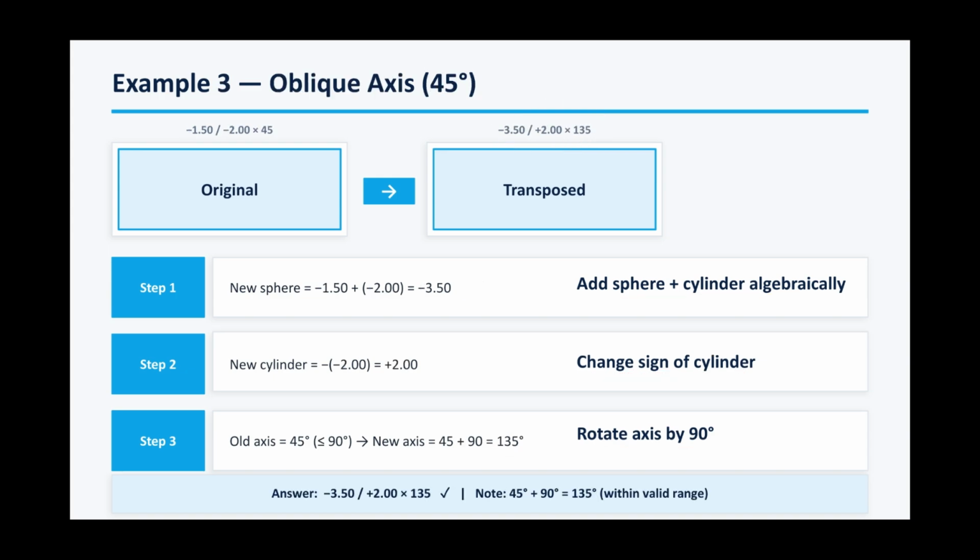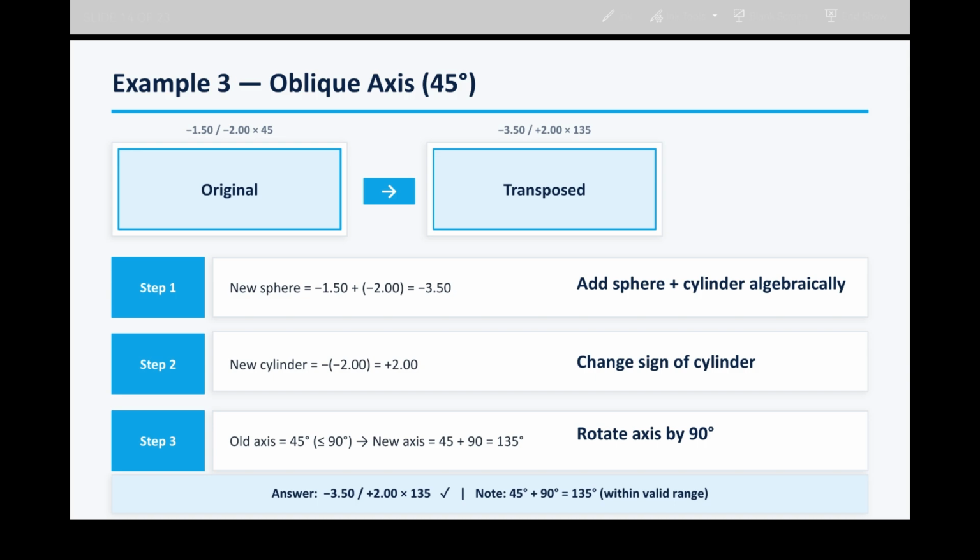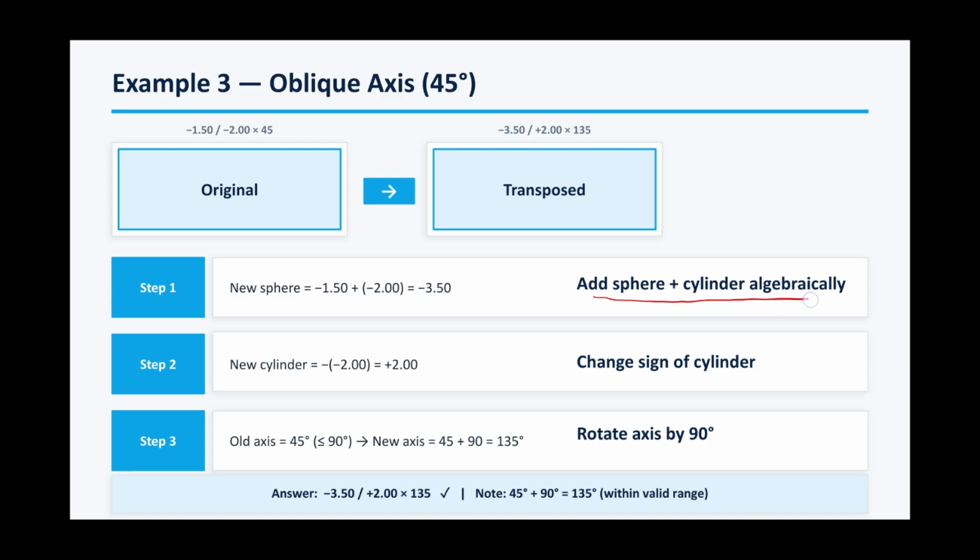One more example: -1.5 sphere minus 2 cylinder at 45 degrees. Again, let's go through the regular steps. We add the sphere and cylinder, -1.5 and -2, which gives -3.5, the value of the new sphere. The cylinder sign has been changed, so the new cylinder is +2, correct?